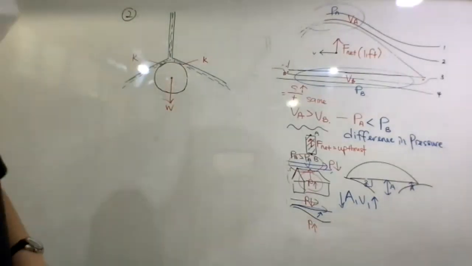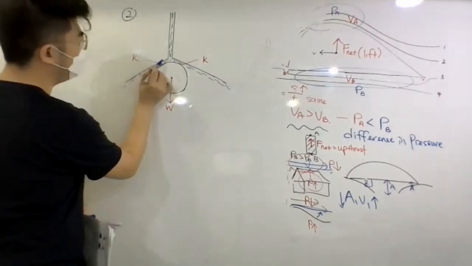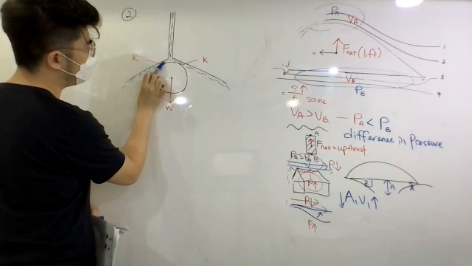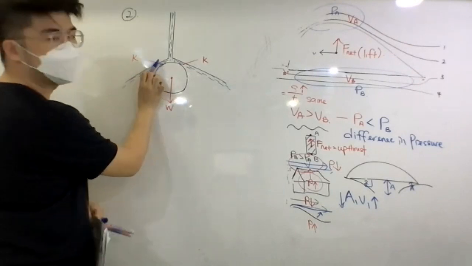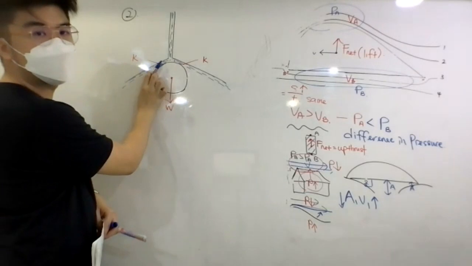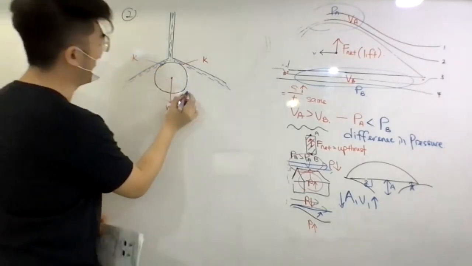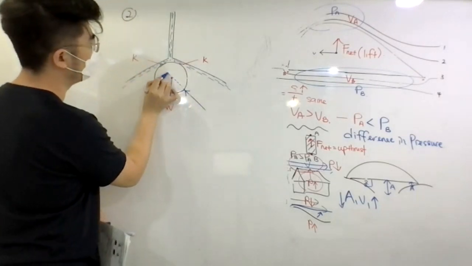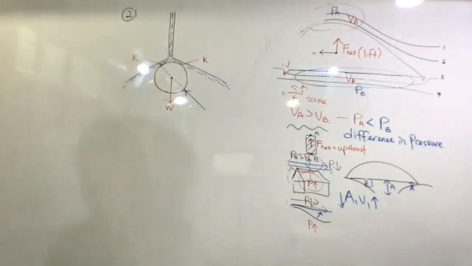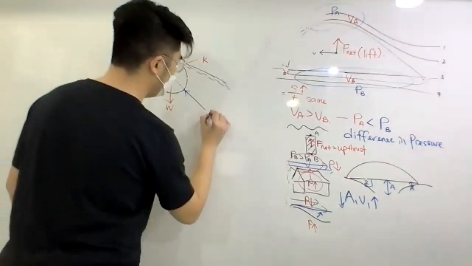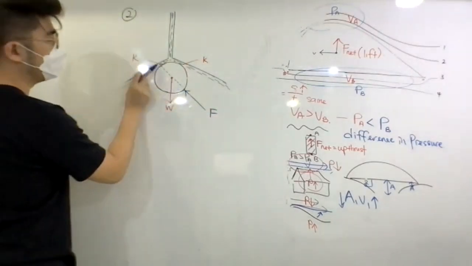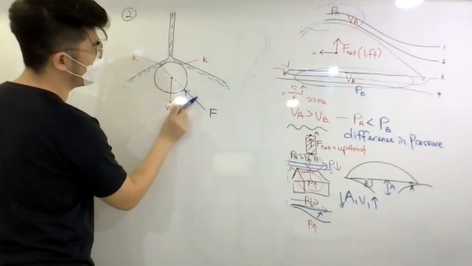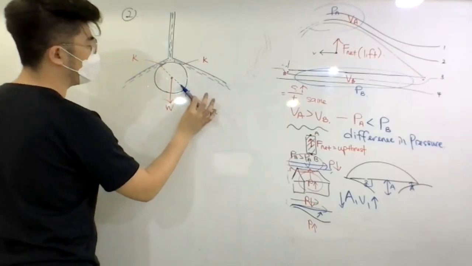But it doesn't go down because water flows very fast here, so it creates a low pressure region here and a high pressure region there. So there will be a force pressing against it, the force due to the pressure difference, pushing from the high pressure region.